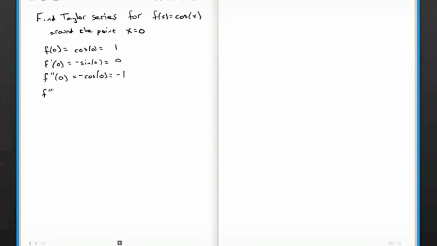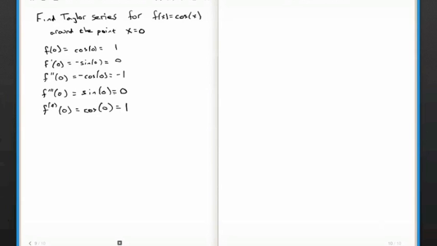And the triple prime of 0, the derivative of negative cosine is, I think, positive sine, right? Positive sine of 0. Well, the sine of 0 is still 0, so that remains 0. The fourth derivative, evaluated at 0, equals the derivative of sine, which is cosine. So right back to where we started, and that equals 1. So it goes 1, 0, negative 1, 0, 1, 0, negative 1, 0. It kind of alternates like that.